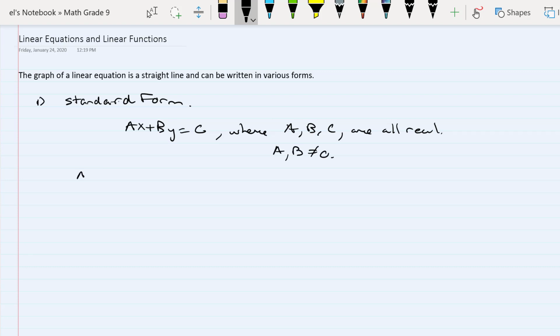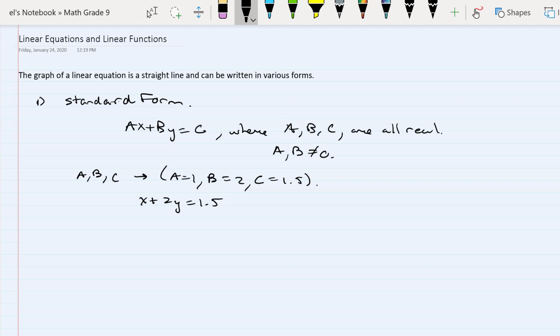For example, a, b, c can take on the values a equals 1, b equals 2, and c equals 1.5, which would have an equation in standard form of x plus 2y equals 1.5.